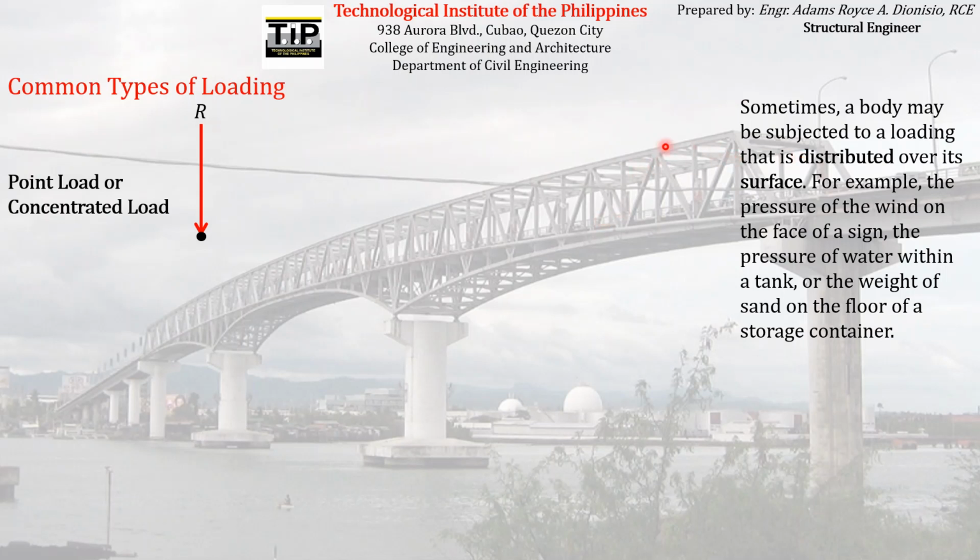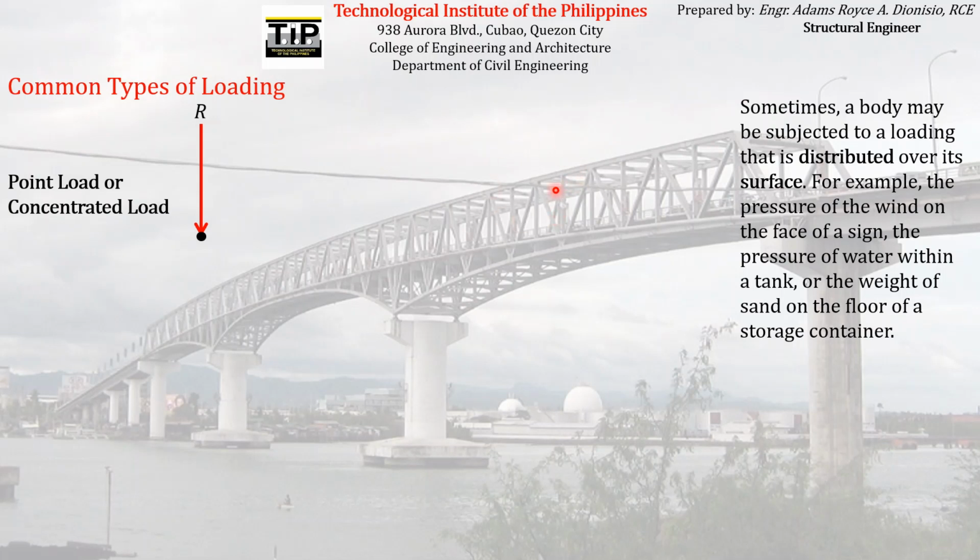So, yung mga distributed loading na yan, usually, ma-encounter mo yan. For example, kunyari, meron kang sign, kunyari yung no parking sign sa kalsada. Tapos, kunyari, humangin. So, yung hangin, pag tumama dun sa sign, hindi lang naman siya sa isang point tumatama, di ba? Hindi lang naman siya na-concentrate sa isang maliit na area dun sa buong sign.